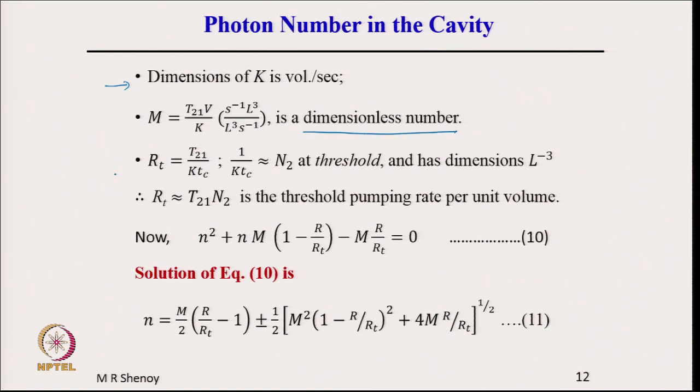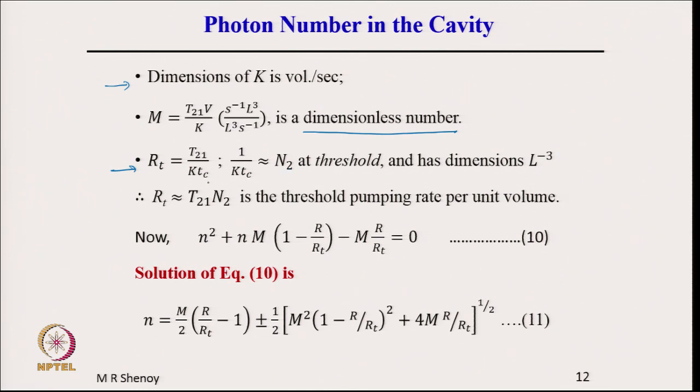And therefore RT, which is equal to T21 by kTc, and 1 by kTc is very nearly equal to N2 at threshold, and thus has dimensions of L inverse cubed, because N2 is per unit volume.